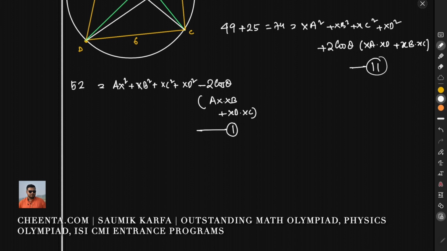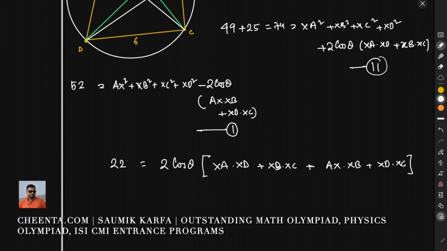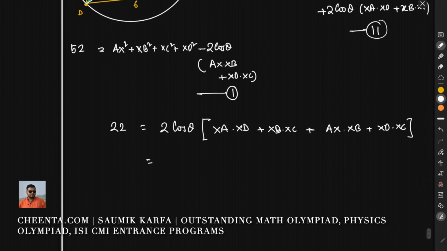So we'll get 74 minus 52, which is just 22, equal to, these terms get cancelled, we can take 2 cos theta common, and the remaining things are XA times XD plus XB times XC plus XA times XB plus XD times XC. Now let us do a little calculation here.